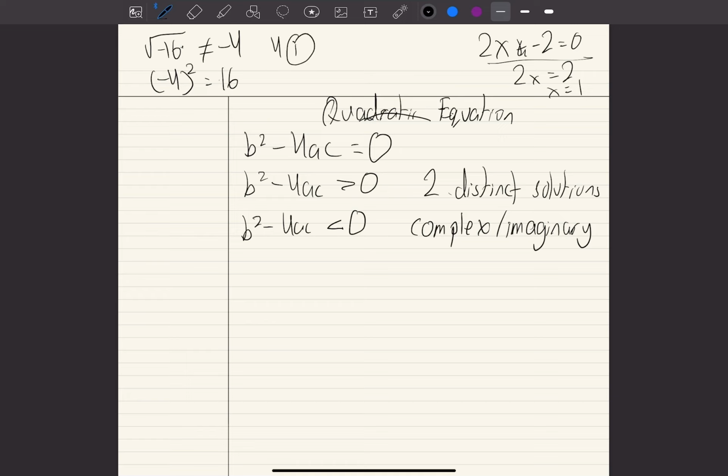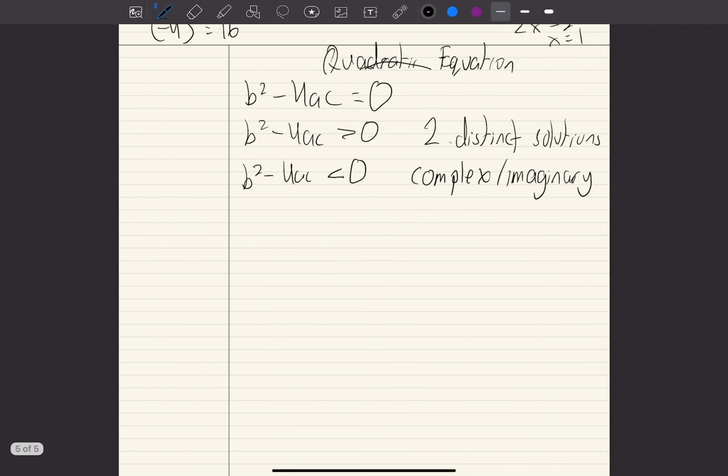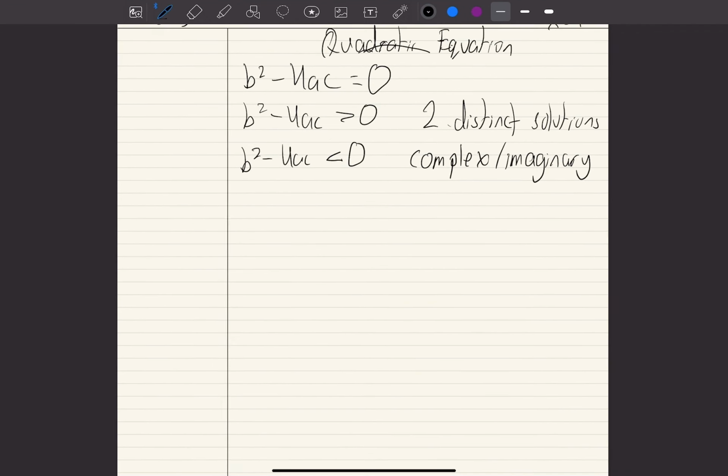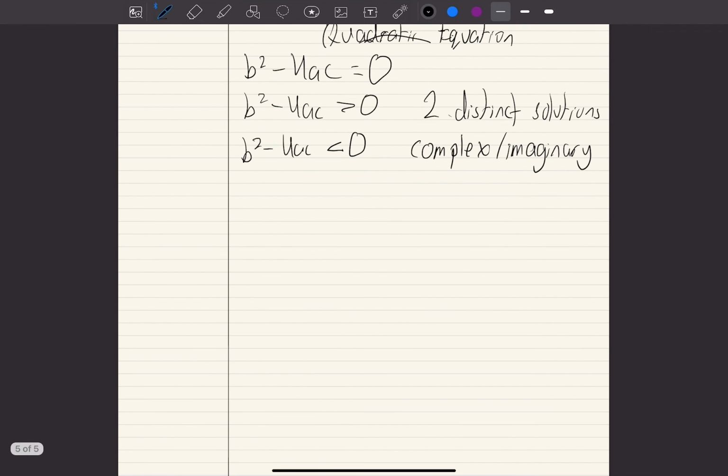If you square root anything which is below 0, you will get a complex solution, right? So we can use b squared minus 4ac to determine how many solutions a curve has, right?